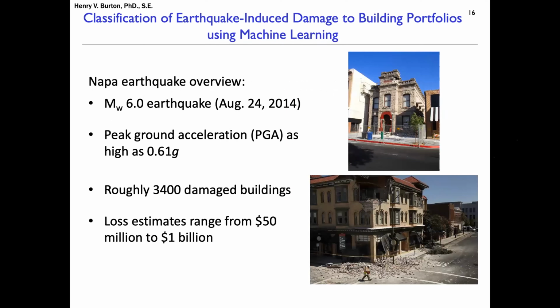So for this study, we used a data set from the 2014 Napa earthquake. This is just a summary of the earthquake. It was a moderate earthquake, 6.0 in magnitude. There's some information here. Roughly about 3,400 buildings or so were damaged that were considered moderately to severely damaged, and the losses estimated to range from anywhere from, that should be 500 million, not 50 million, 500 million to $1 billion.